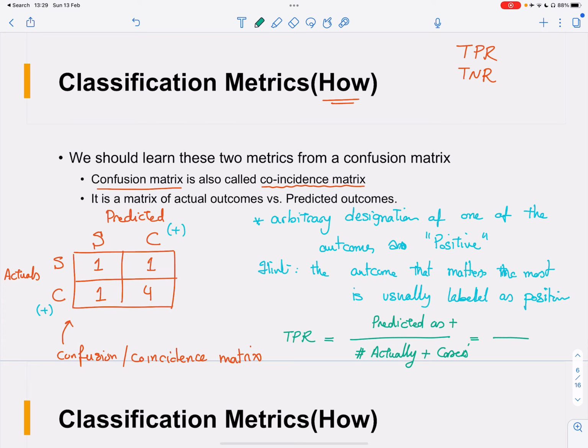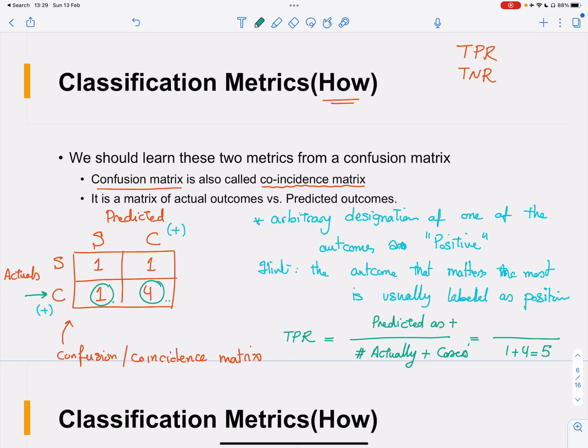Okay, so what is the number of actually positive cases? If cloudy is positive, the number of actually positive cases would be this one plus this one. And why? Because the actual is here, so this is actual cloudy. Actual cloudy when the prediction is sunny, actual cloudy when the prediction is cloudy. So it is 1 plus 4, equal to 5, on the denominator.